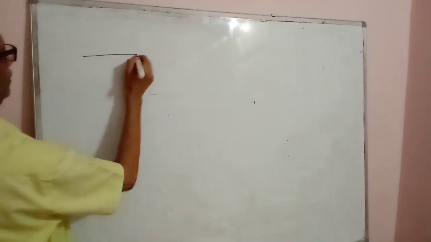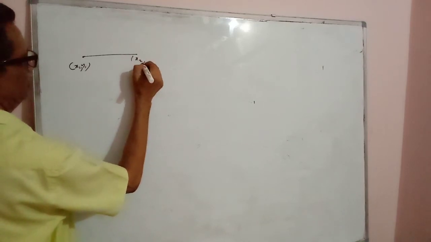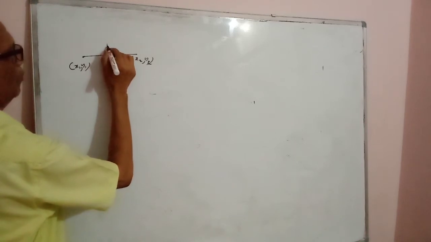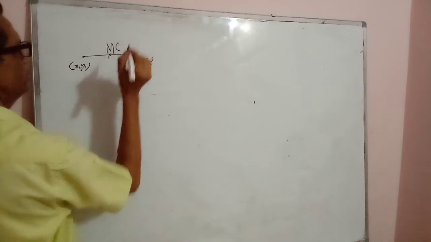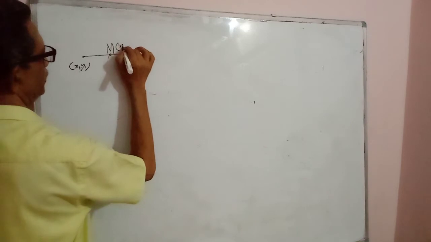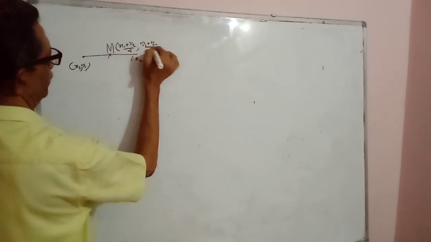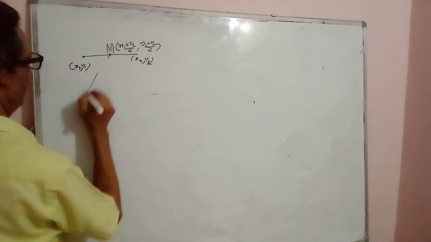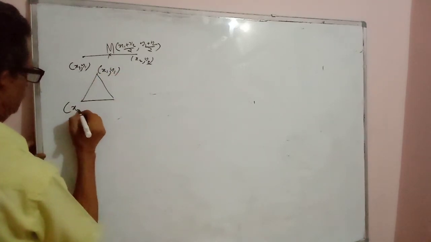And next, the line segment joining 2 points (x1, y1) and (x2, y2). The coordinates of the midpoint of the line segment joining (x1, y1) and (x2, y2) is ((x1 plus x2) by 2, (y1 plus y2) by 2). Then the last one is the area of a triangle by using coordinates of the vertices.